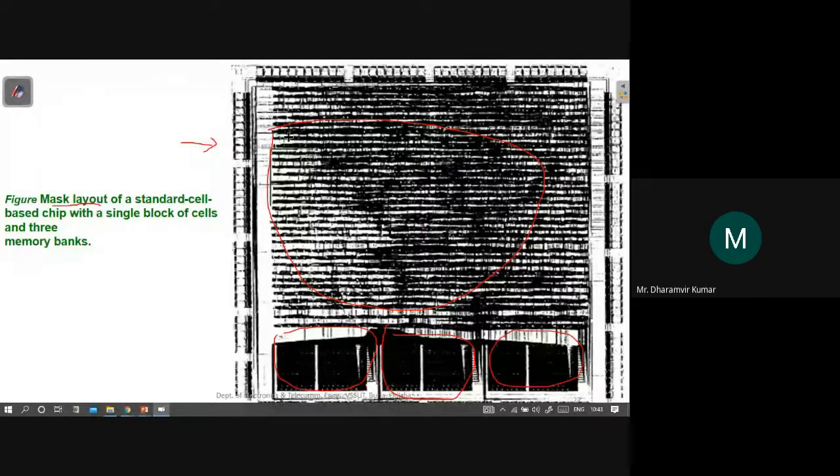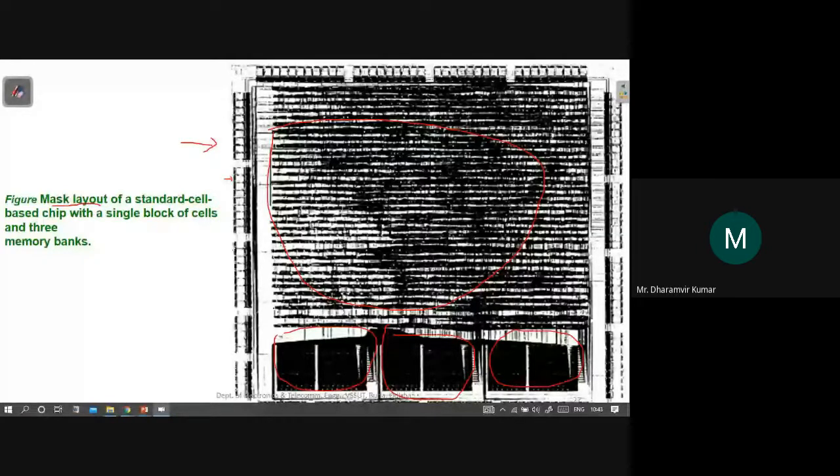And then on the periphery you will find these smaller square areas, which are used for the different pins that are coming in and going out of this chip. So as a whole, the mask layout will look like this, where with experience and with time you will be able to recognize these different blocks. What this block may be?